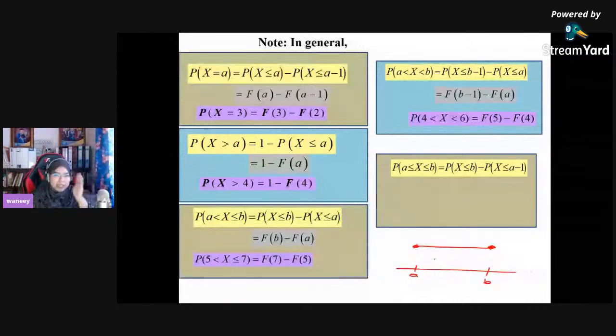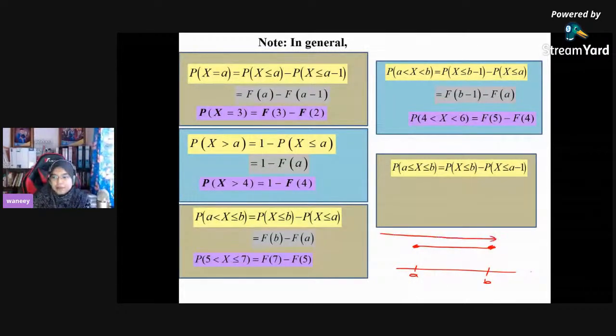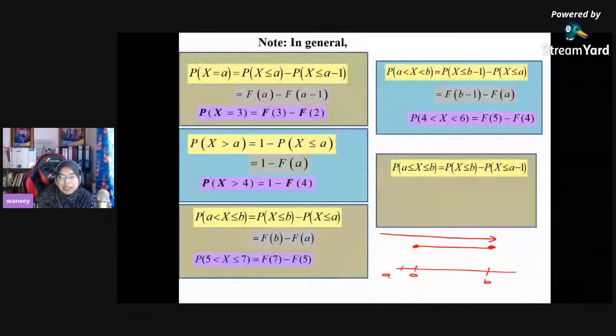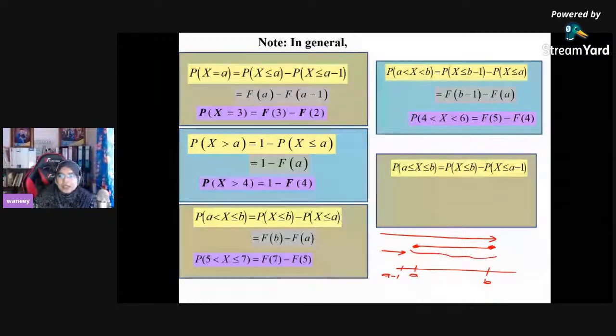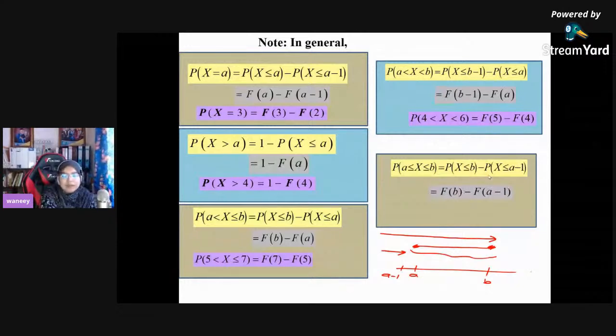I want the B, so I have to go up until B. And since I want the A, the number that I don't want is actually A minus 1. So you kena tolak yang belakang lagi lah. Barulah you hanya akan dapat A until B. So it's supposed to be P of x less than or equal to B, minus the probability for x less than or equal to A minus 1. So F(B) minus F(A minus 1).